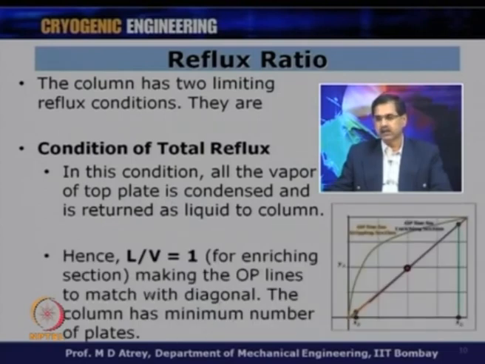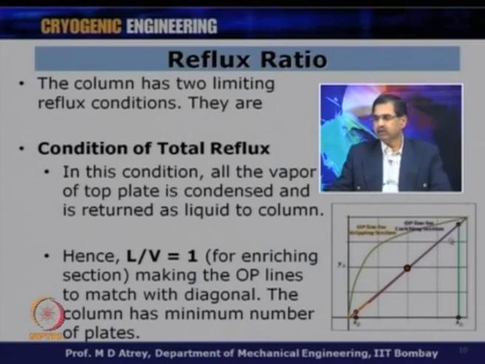So, in this case, L by V or Ln plus 1 by Vn is equal to 1 for the enriching section. And the moment L by V is equal to 1 for the enriching section, L by V for the stripping section would also be equal to 1, because D has become equal to 0. By different calculations, you will find that L by V for the stripping section also becomes equal to 1, making the operating lines match with the diagonal, as you can see here.